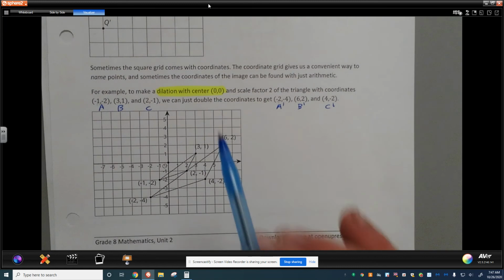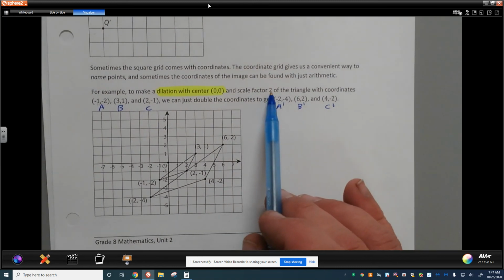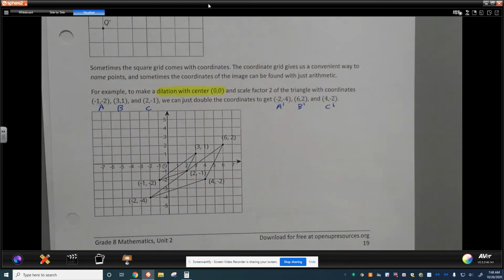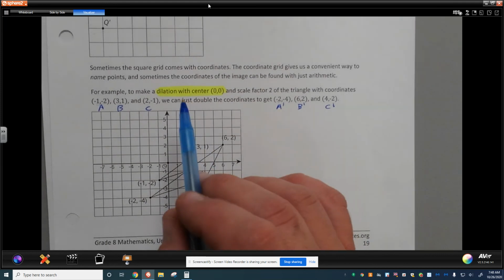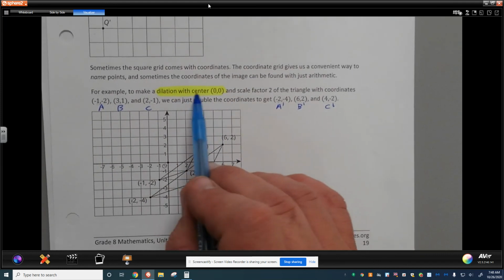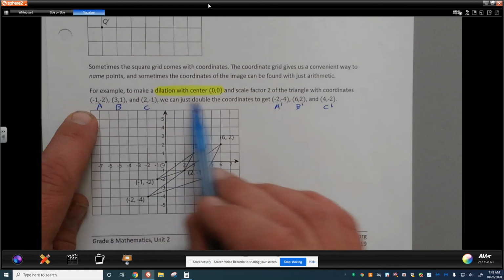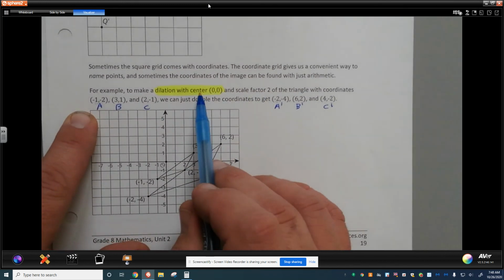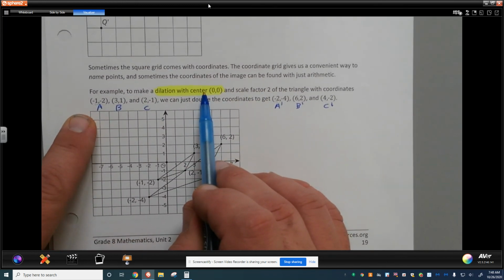But this pattern, when I multiply the scale factor by 2 or 3 or 1/2 or what have you, we can only use this strategy of just multiplying the ordered pair by the scale factor when the dilation is with the center 0, 0.